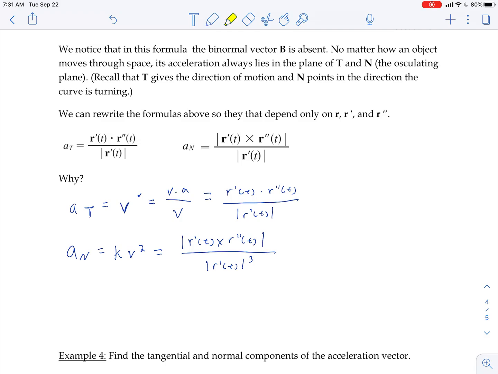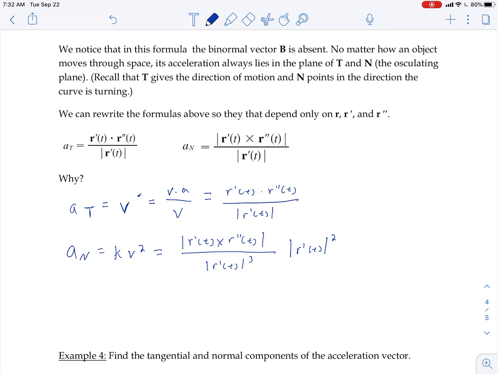That was a formula we had from yesterday when we were talking about curvature. Times speed squared, which is just the magnitude of r prime of t squared.